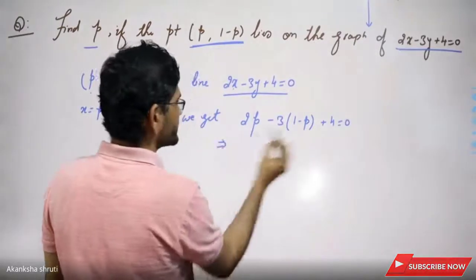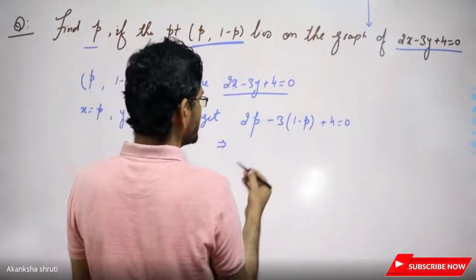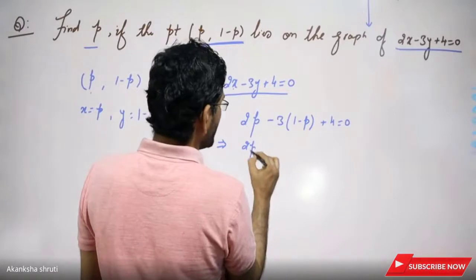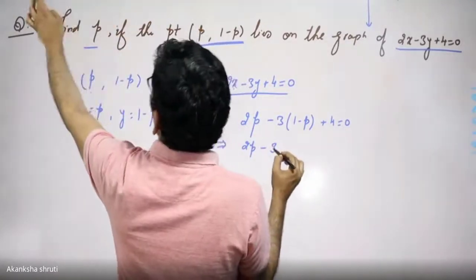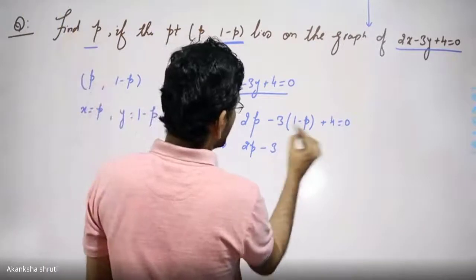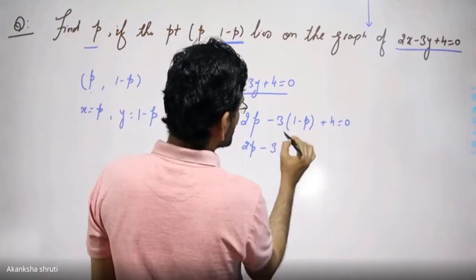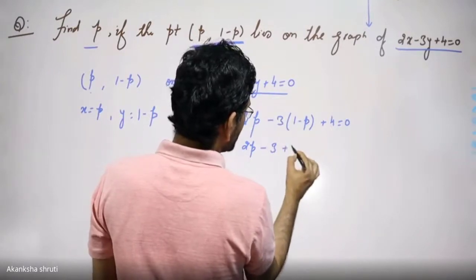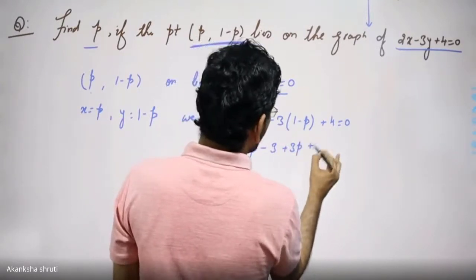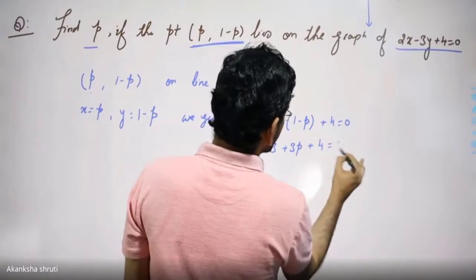Now, we have to find the value of p from this equation. It is 2p minus, 3 into 1 becomes 3, then 3 into p becomes 3p, but the sign is minus and minus becomes plus. So 2p plus 3p plus 4 equals 0.